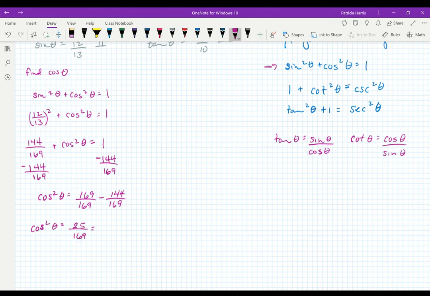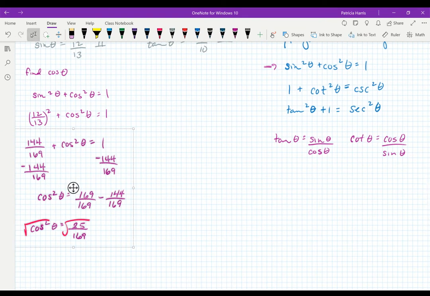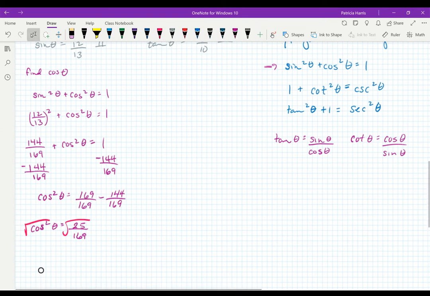Now this is cosine squared. We want cosine, so we're going to take the square root. The problem with that is that when you take a square root, you generate a positive and a negative answer. I don't want a positive and negative answer, I just want an answer. So do I want positive 5 over 13 or negative 5 over 13?